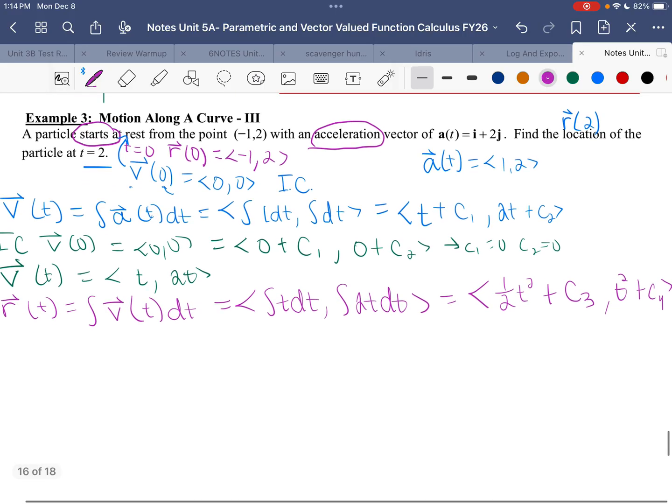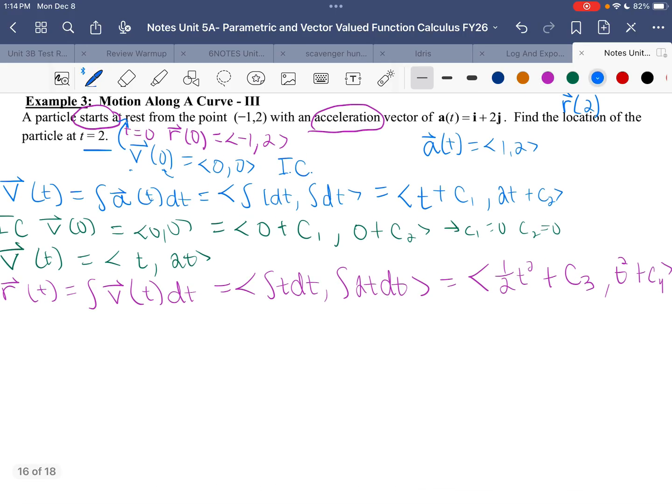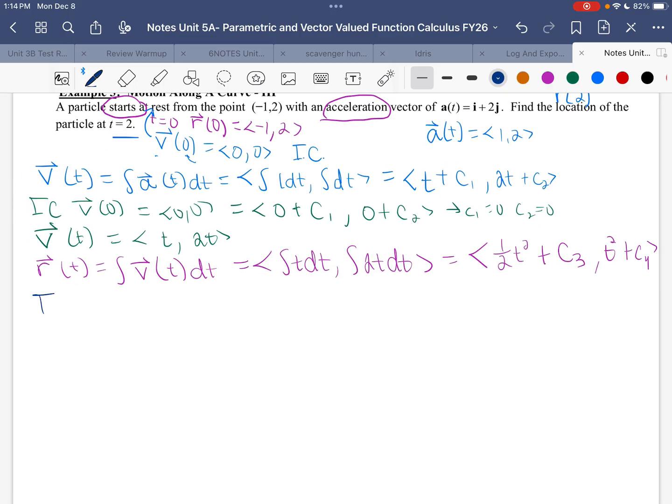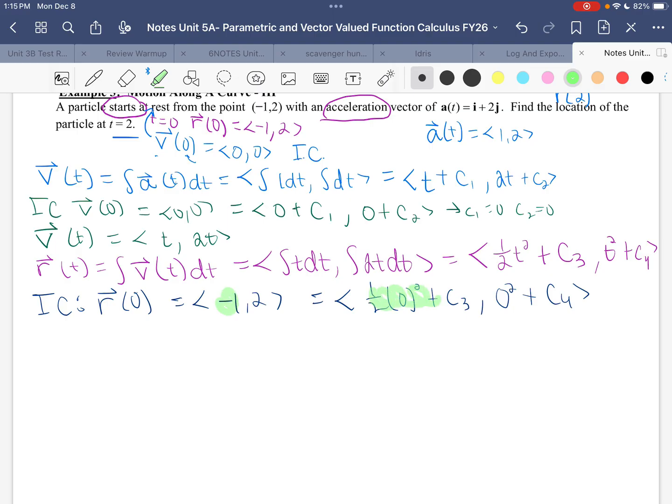Okay, and then another initial condition. So r at 0 was -1, 2. Subbing that 0 in when there's a t, we really have -1 is equal to c3, and 2 is equal to c4.